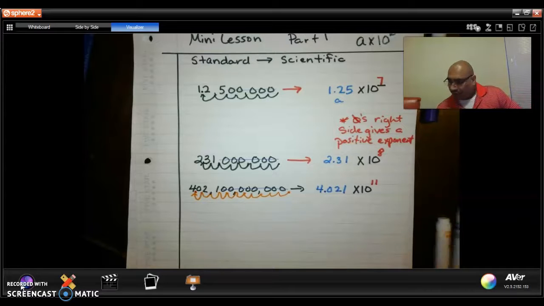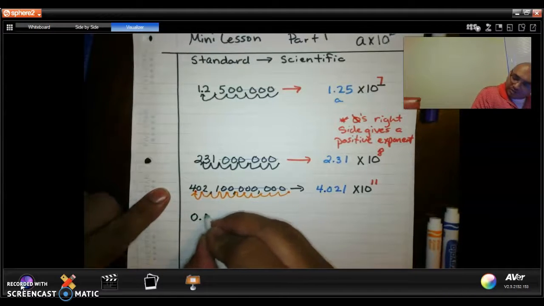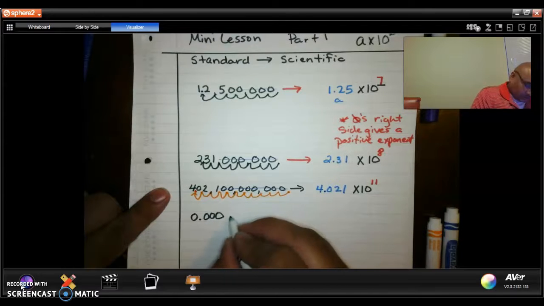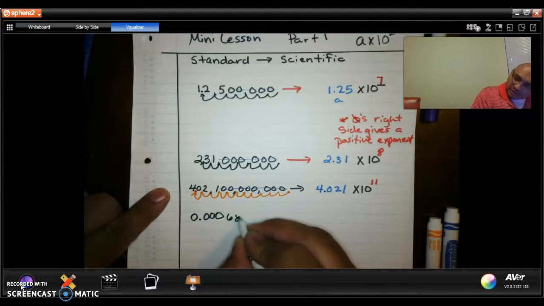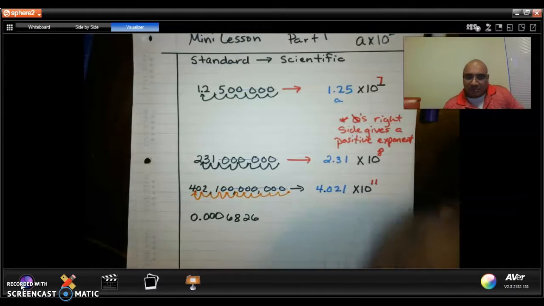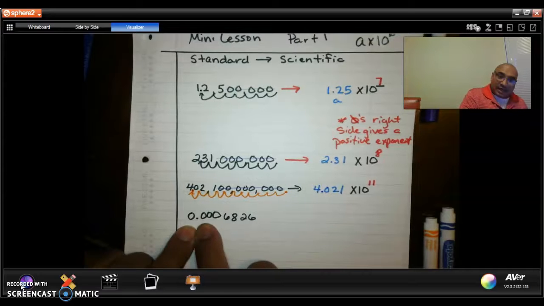Let's work on another one. I'm going to take 0.0006826. Well, guys, this one's a little bit different. If you notice, the zeros are on the left.